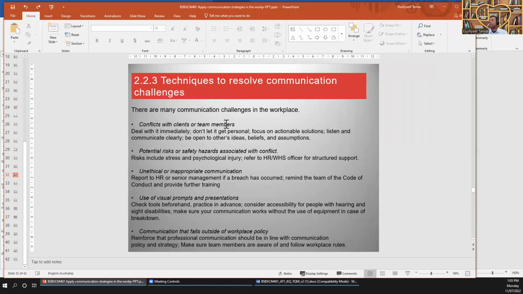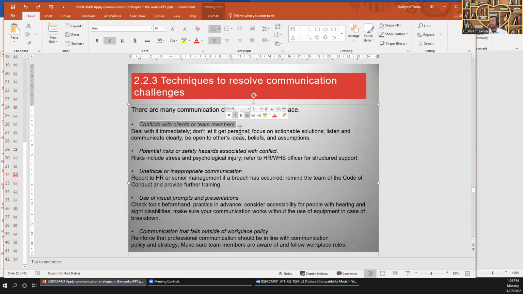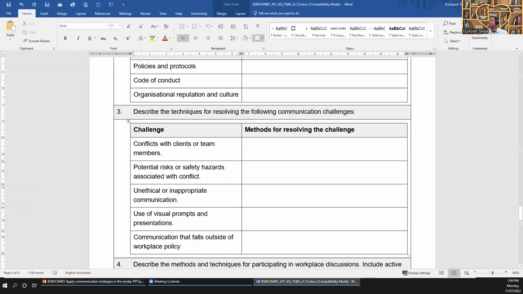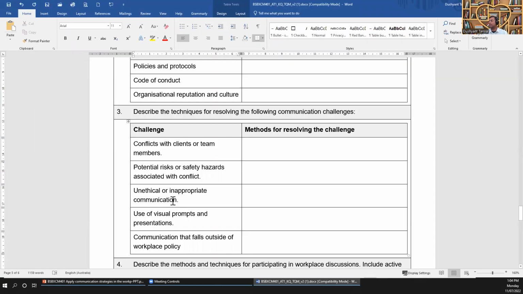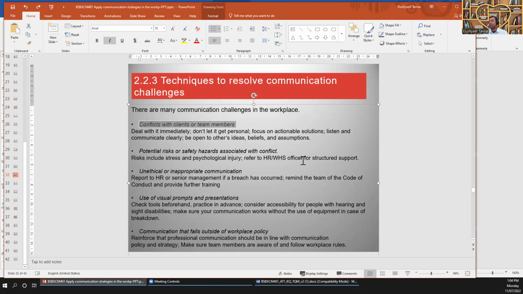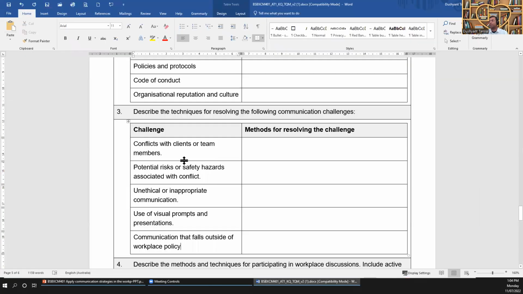Again, do not copy and paste it, slide 32. Potential risk, same thing. Unethical, inappropriate communication, visual prompts, and communication that falls outside of the workplace. Everything is captured here.